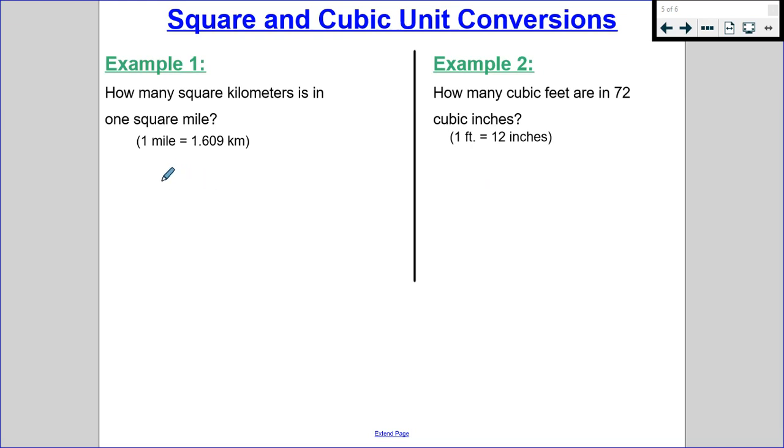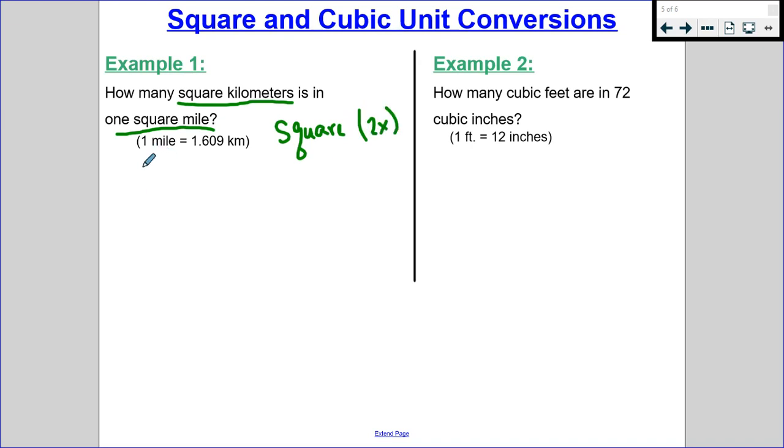So let's look at a couple quick examples. How many square kilometers is in 1 square mile? So I'm going to make a little note to myself that a square is 2 times.